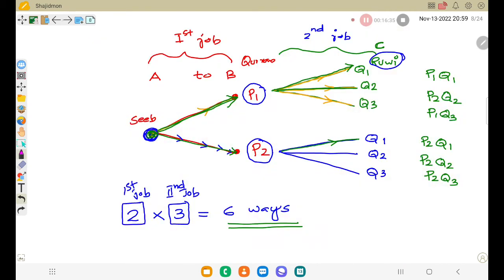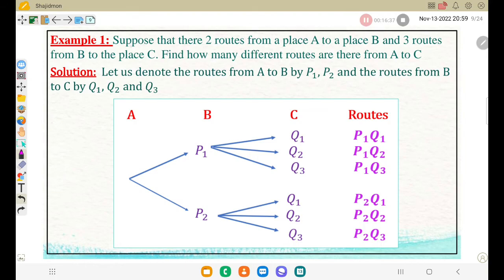This example is given here as the first example. Suppose there are 2 routes from place A to B. A is the first place, B is the second place. From A to B, how many routes are there? 2 routes. For example, the first route is P1, the second route is P2.